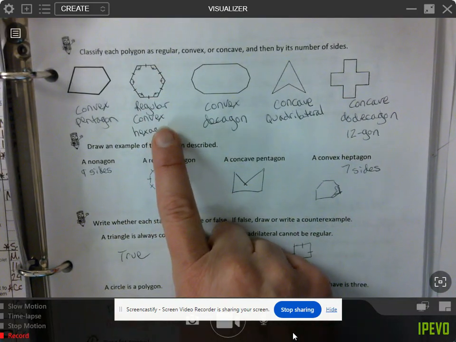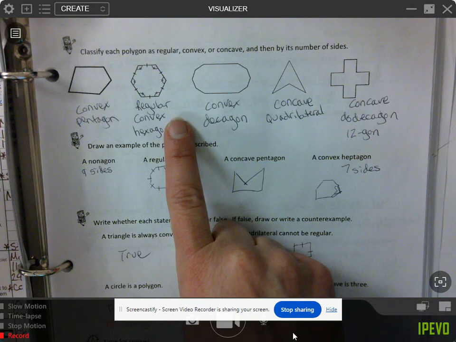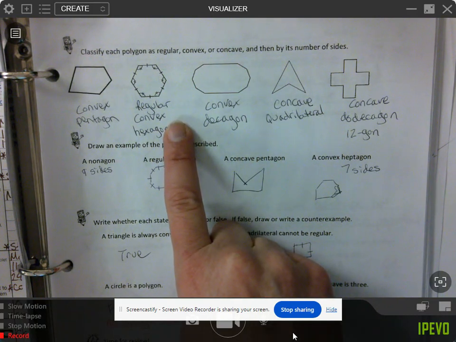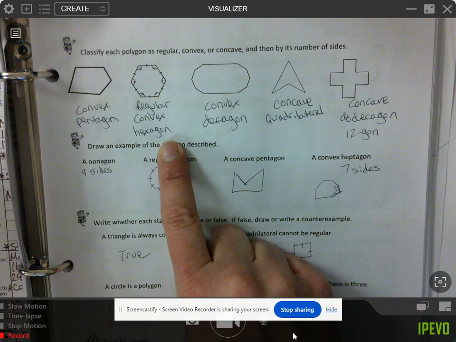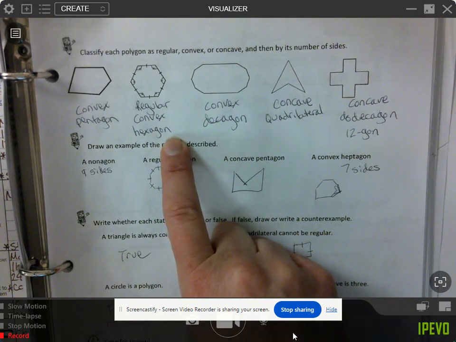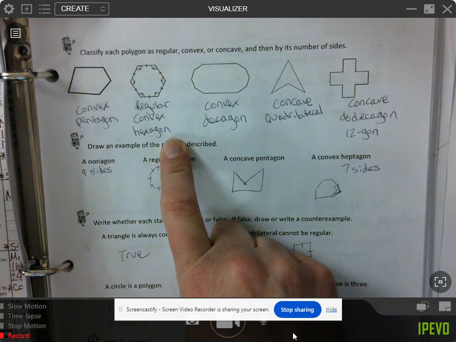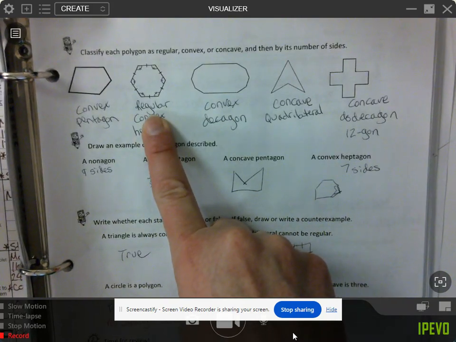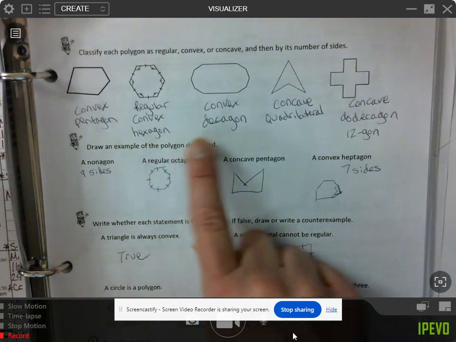So it is regular. If it's regular, it's also a convex hexagon. Interesting. If you just put regular hexagon, I would give you credit for that because it looked like we should choose between one of the 3. The most important thing to know is that it is regular and it is a hexagon.